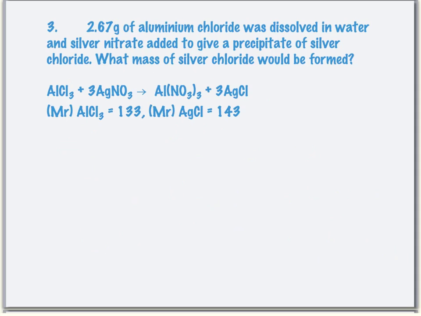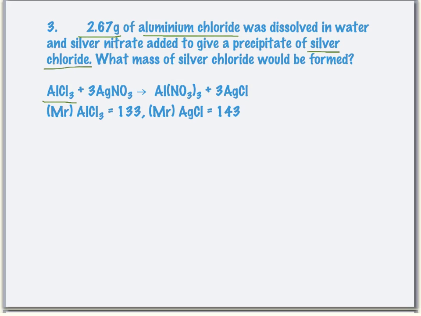So this one seems a little bit more complicated, but it's really not. Okay. So what we're being told is that we have 2.67 grams of aluminium chloride. So there's the aluminium chloride. It was dissolved in water and silver nitrate was added to give us a precipitate of silver chloride.